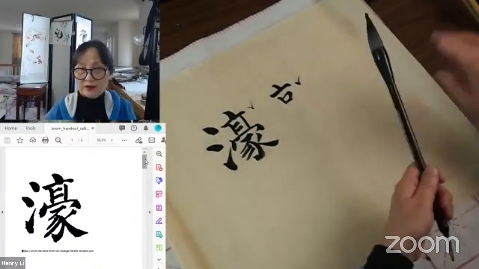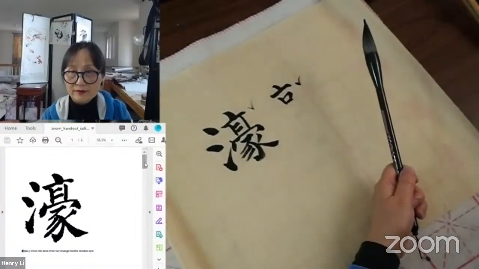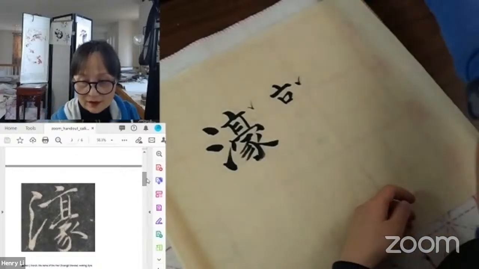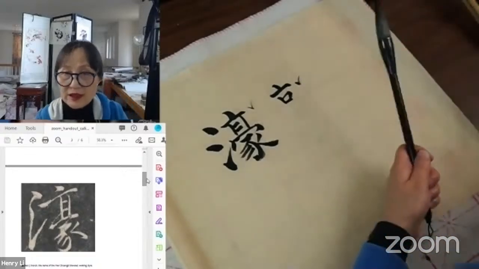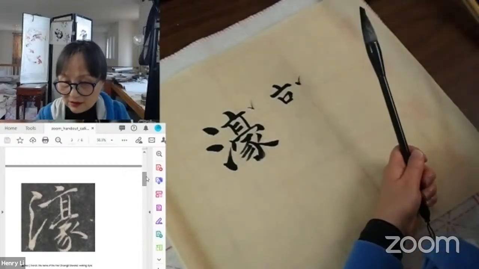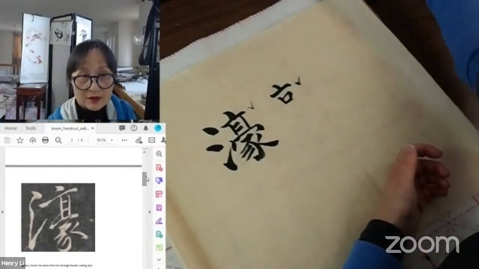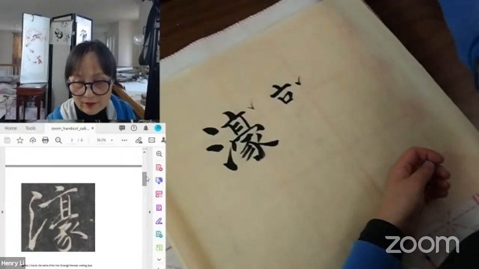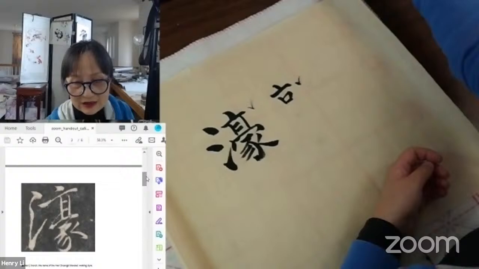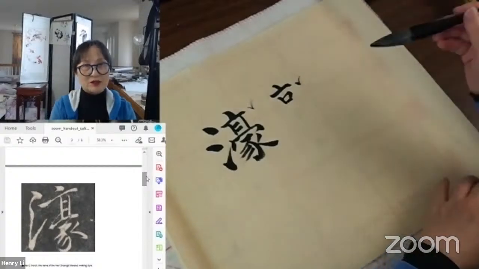Okay, let's look at the walking style. Does this look alike? When we do the calligraphy, normally the teacher will let the kids read the copybook first.